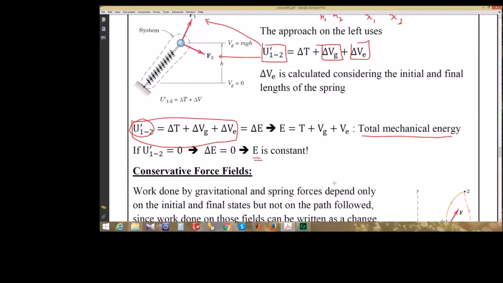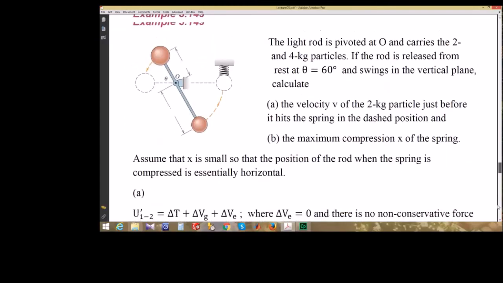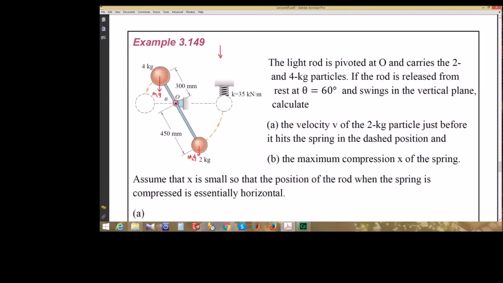So what we need to do is to calculate the total energy of the system at this initial instant and at the final instant. Now, at the initial instant, because it's at rest, it's not moving, therefore it doesn't have any kinetic energy.